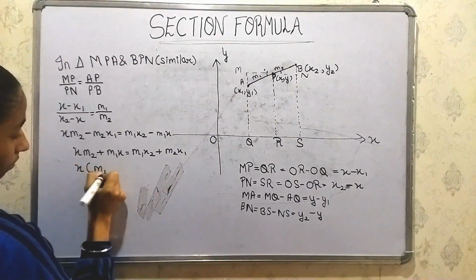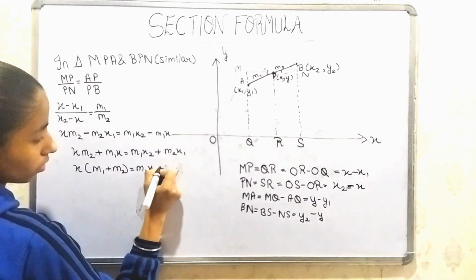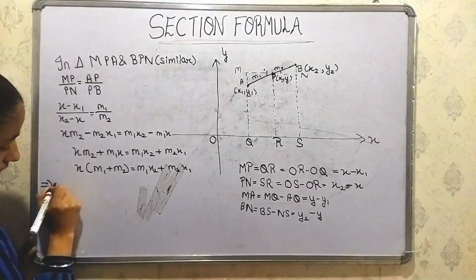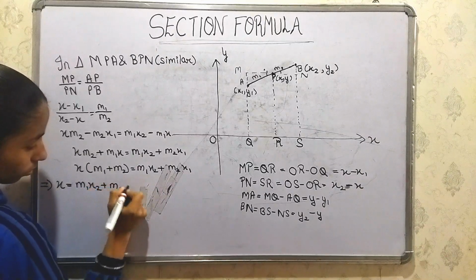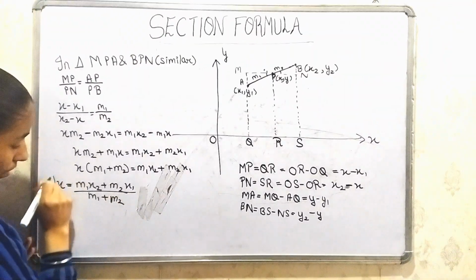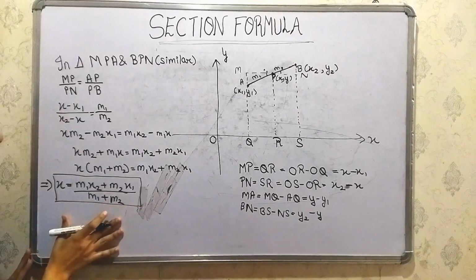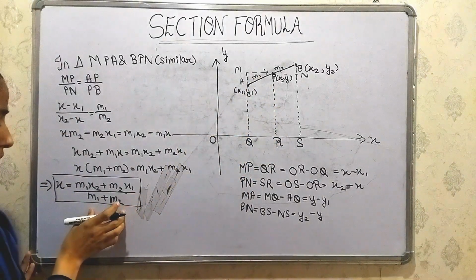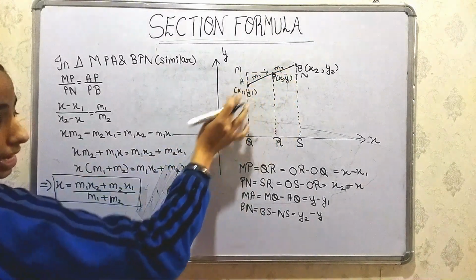Taking x common, x times M1 plus M2 is equal to M1 x2 plus M2 x1. Now here we can see that x is M1 x2 plus M2 x1 upon M1 plus M2. So by this formula we can calculate the coordinates of the point P, and we can also find the ratio if we are given the coordinates of the point by which the line is getting divided.